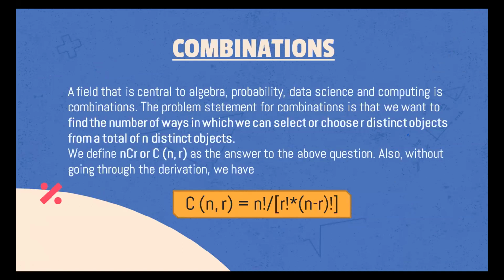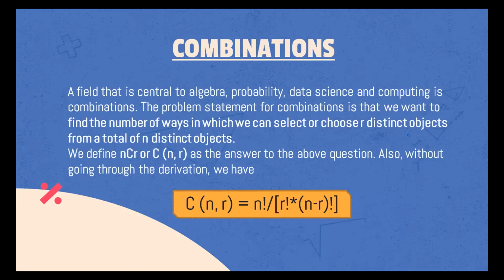Every aspect of mathematics has some problem due to which it is invented, and mathematicians are striving to solve that problem in that specific theory. So for combinations, the problem statement is that we want to find the number of ways in which we can select or choose r distinct objects from a total of n objects.